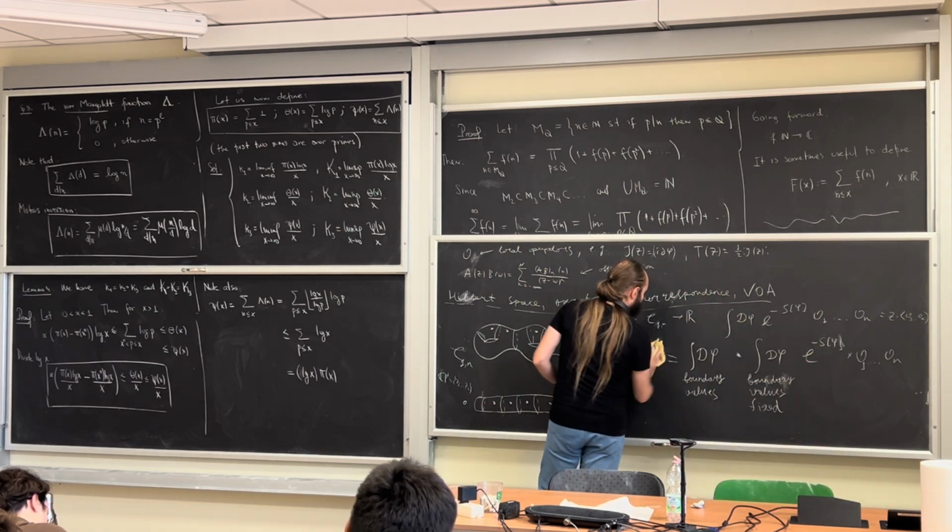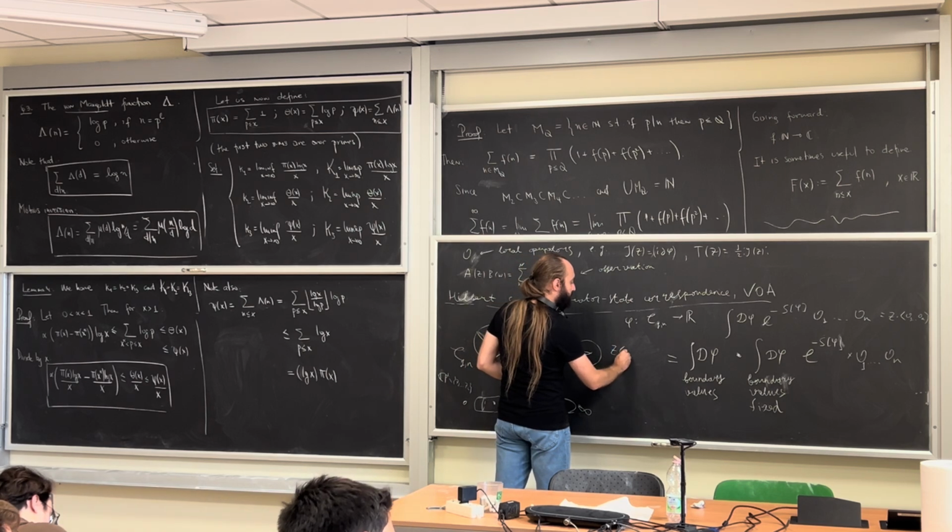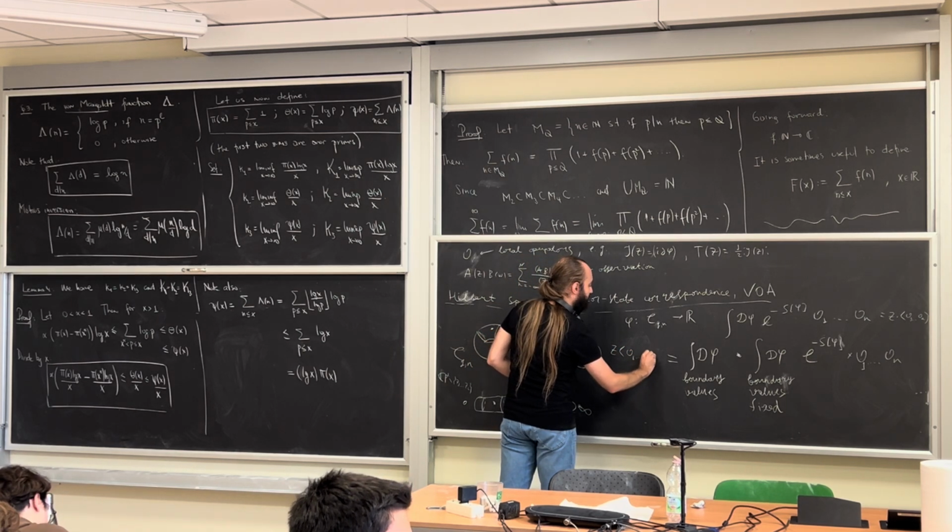So this is a partition function times the correlator.